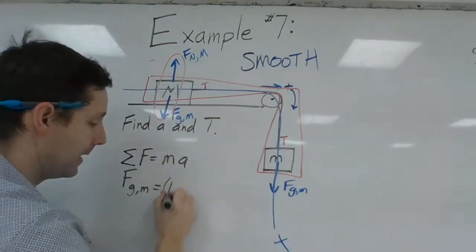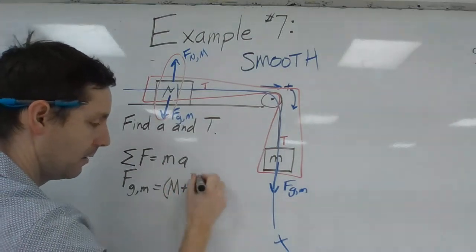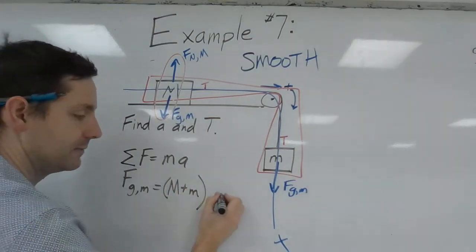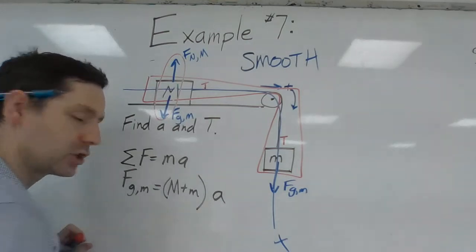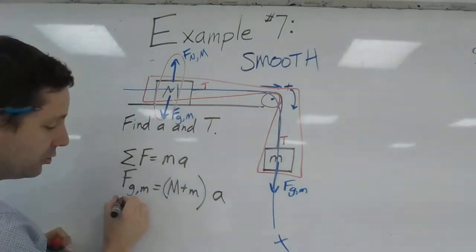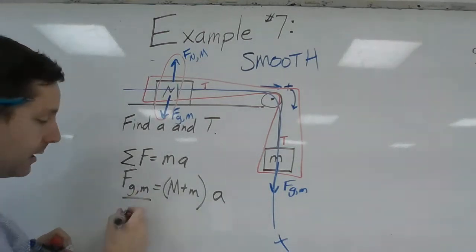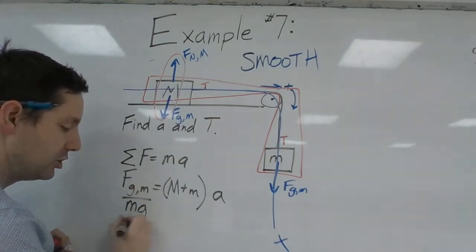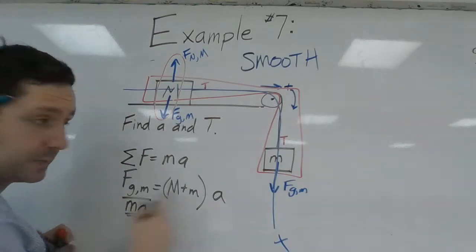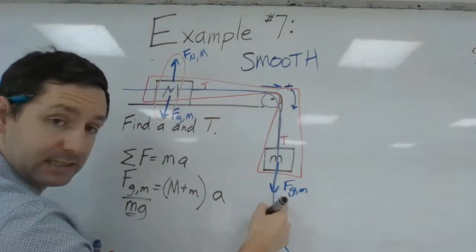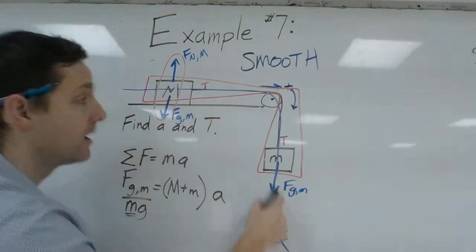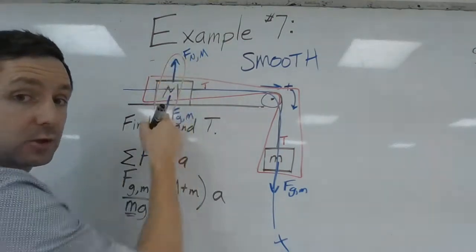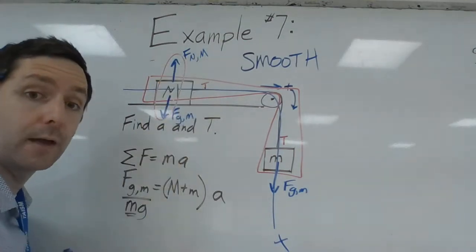So we're going to go M plus m times the acceleration. And now we can solve for the acceleration. We do need to substitute for this, right? This is the force of gravity, which is mg. This is the small mass because that is the only mass that is receiving this gravitational force here. This one, remember, is balanced out by the normal force of the table on that block.